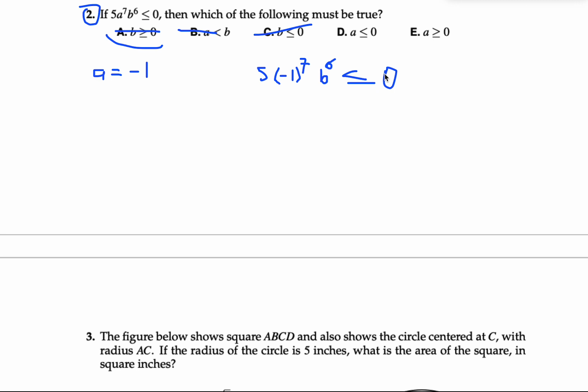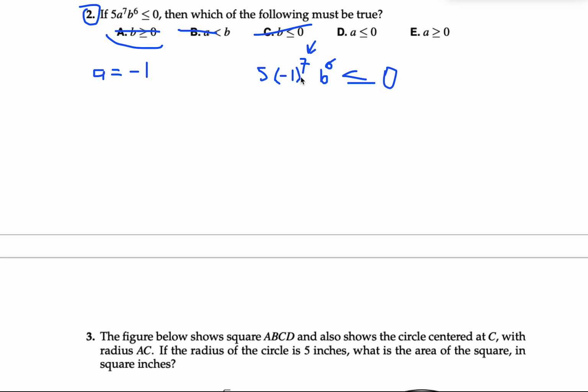Now let's analyze this and see if this is always true, or sometimes true, or isn't true at all. So -1 to the 7th power will give us a -1 because of this exponent here. This exponent here is odd.